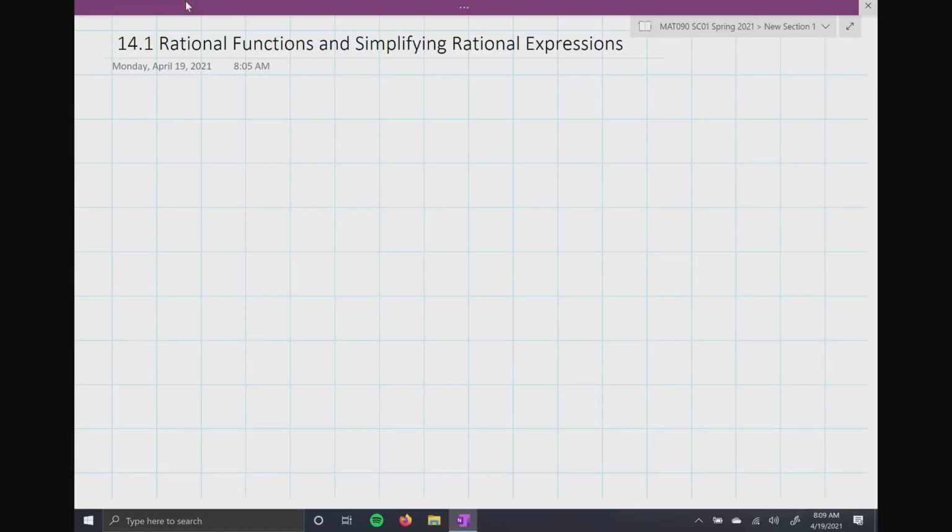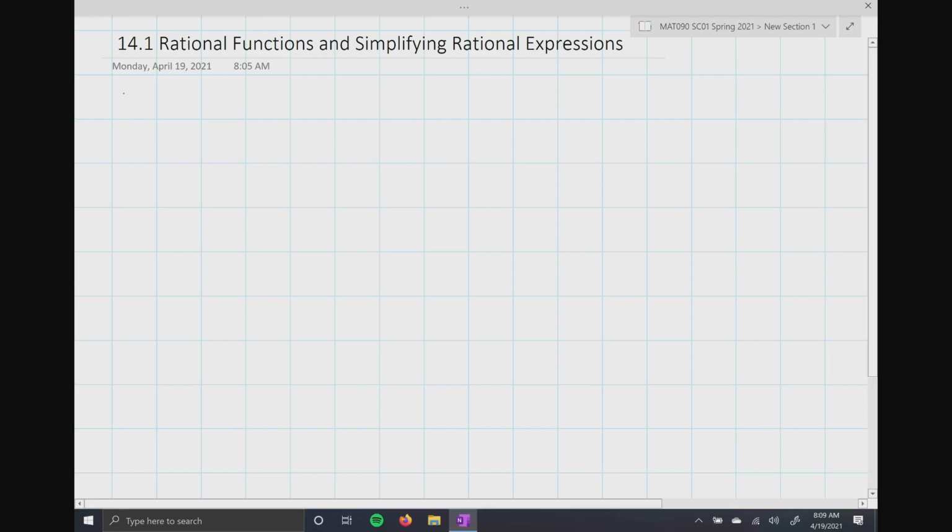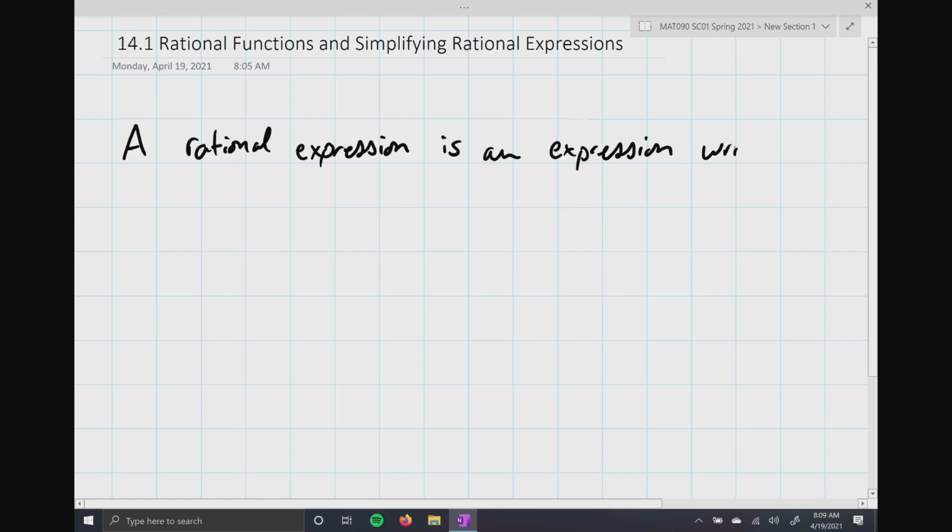And I'm going to show you exactly what we were talking about, okay? So, first and foremost, a rational expression is an expression written in the form P over Q. They use caps?